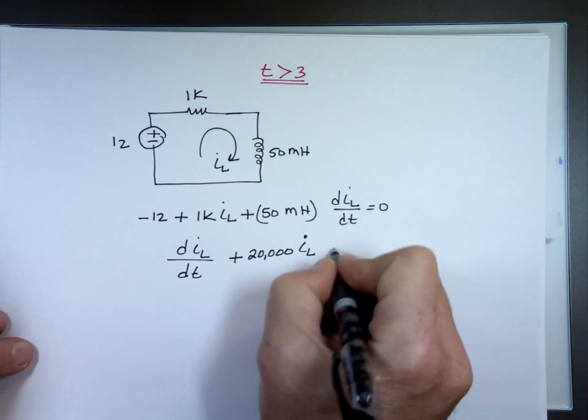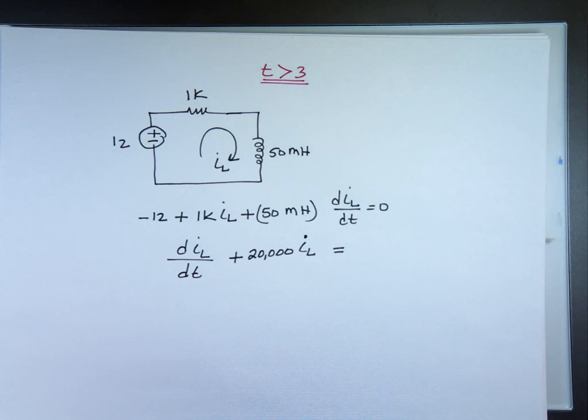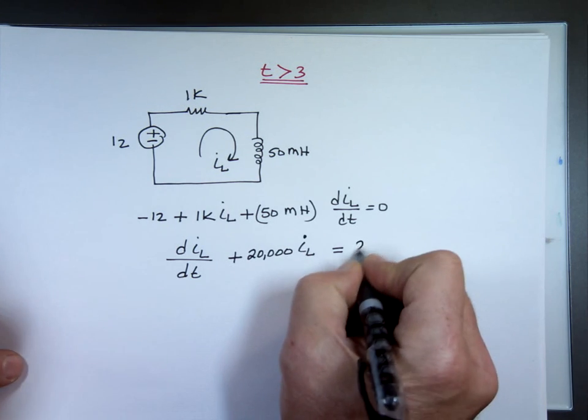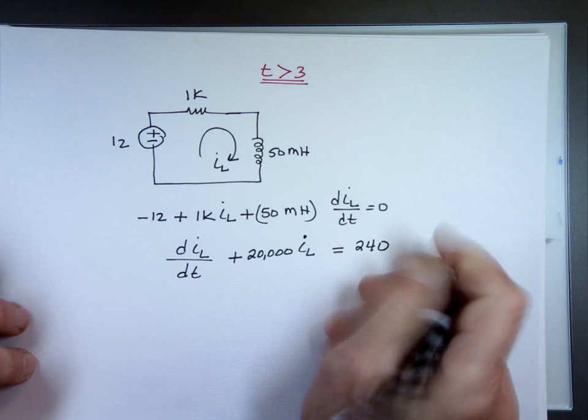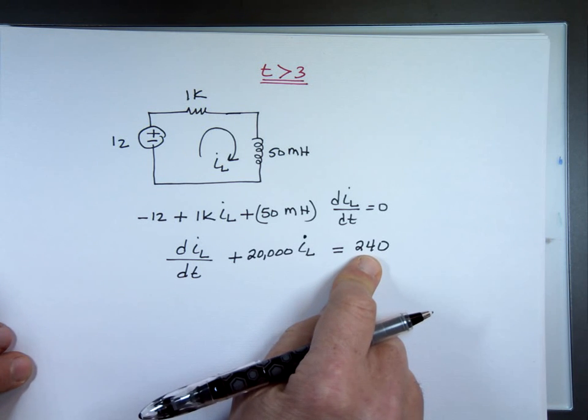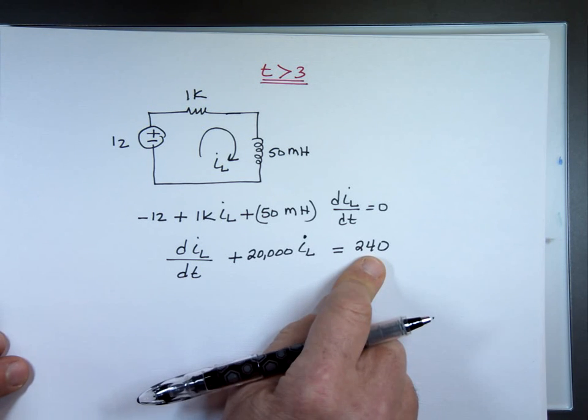Equals 12 divided by 50 millihenry, which is 240. Notice this number is no longer 0. This is the first time so far you've seen that number there.